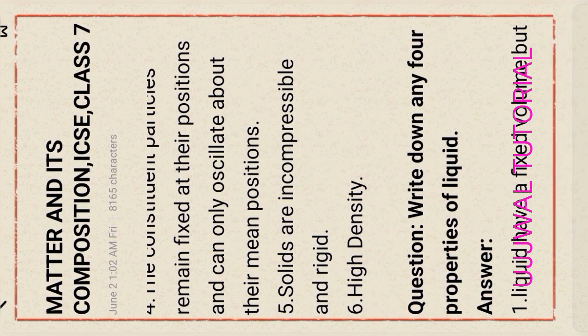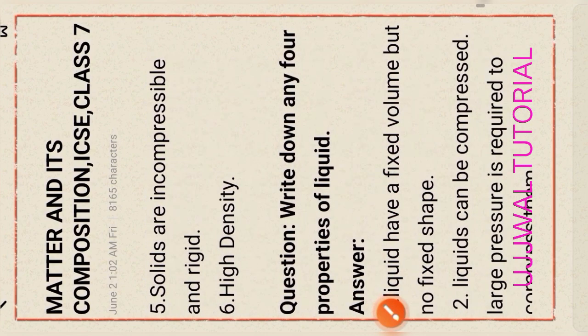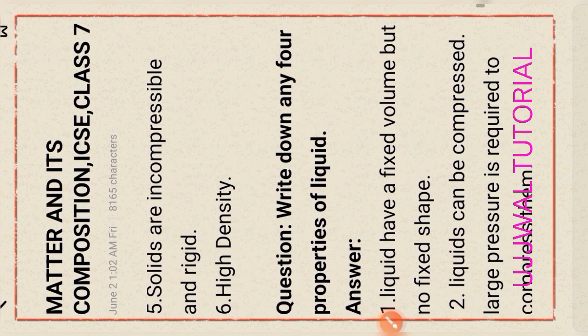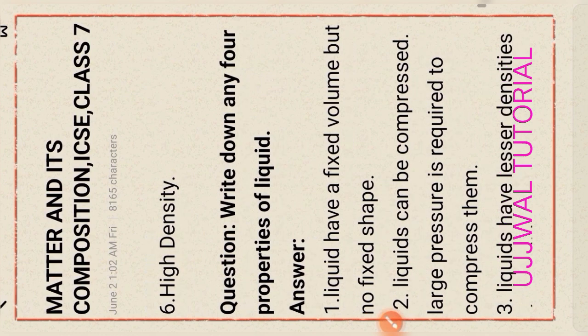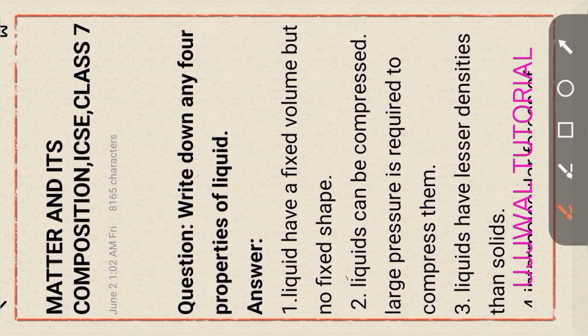And next point, high density. Solids have high density. Next question, write down any four properties of liquid. That is the characteristics of liquid. Point 1, liquids have a fixed volume but no fixed shape. Liquids can be compressed.